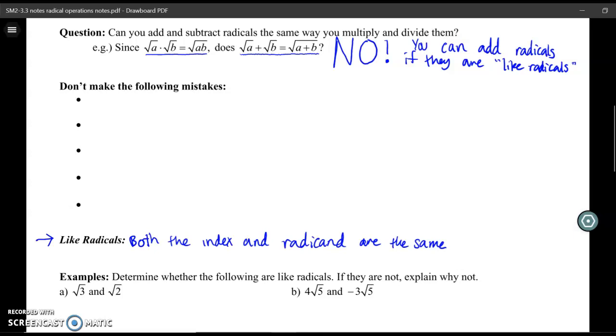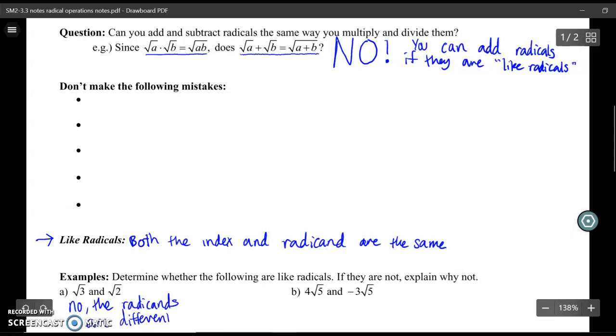So with A and B, we're just going to decide if these two radicals are like radicals. In A, the answer is no, because the radicand, or the number inside the radical, is different. So the radicands are different. In B, these two are like radicals.